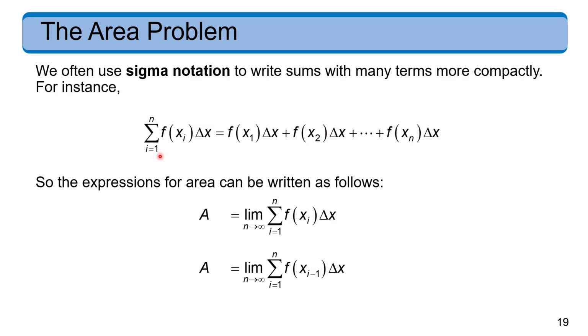It would be 3, and we're not showing it here, it's in the dot dot dots, but the next term would be f of x3 delta x. And then you keep doing this until you get to the last term, which is when i is equal to n. You replace this i with n, you get f of xn delta x, and that's where we stop because this tells us n is the last value we're going to use for i.